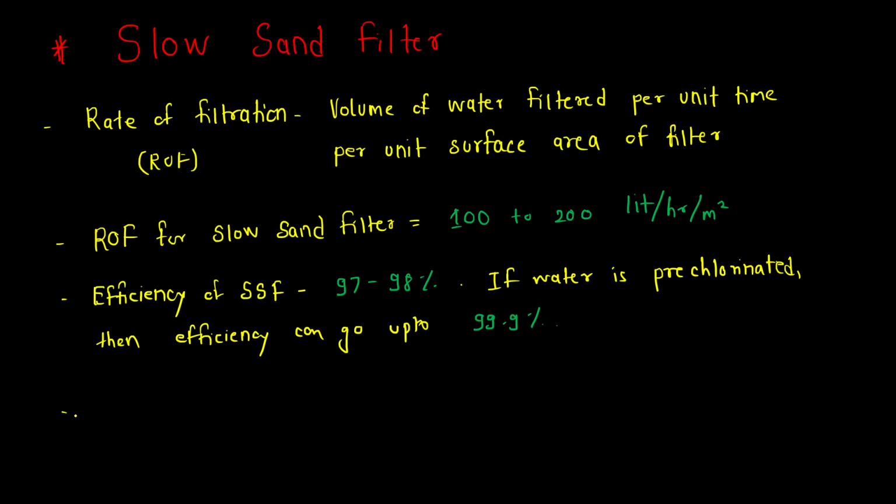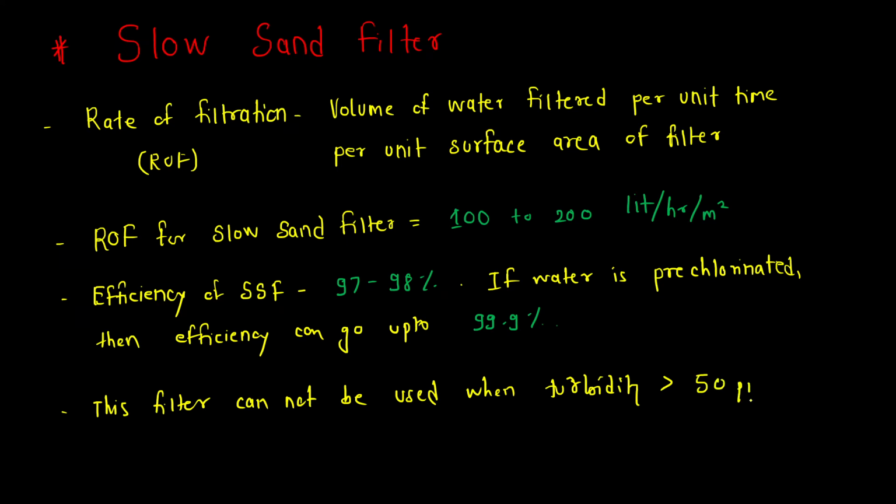Now if the turbidity of water is greater than 50 ppm, then we should not use this slow sand filter because it will cause operational problems. So this filter cannot be used when turbidity is greater than 50 ppm.